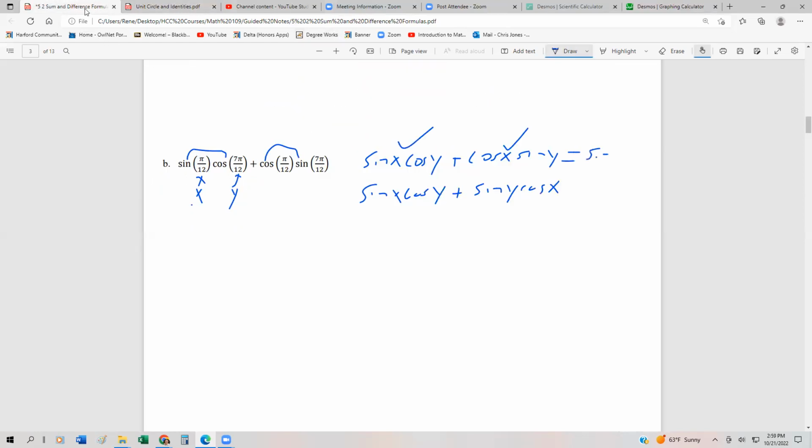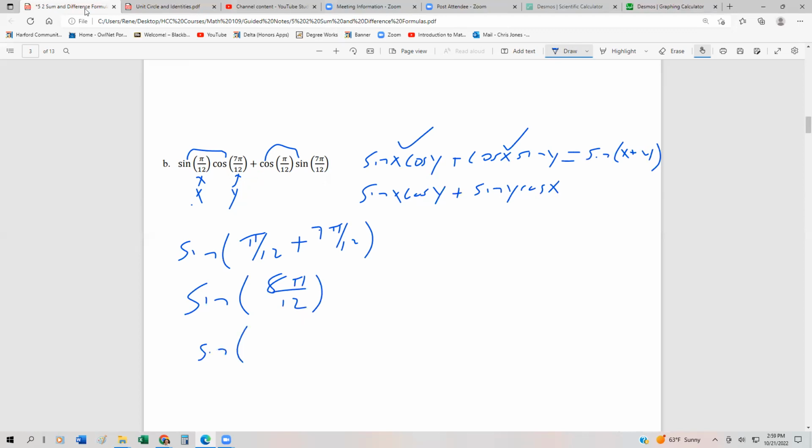So that's going to be the sine of pi 12ths plus 7 pi 12ths, or if we add those together, the sine of 8 pi 12ths. If we reduce that, they both have a common factor of 4, so that's going to be the sine of 2 pi thirds, right?